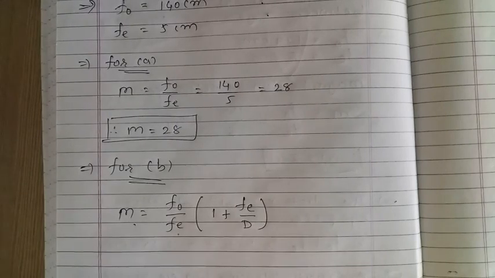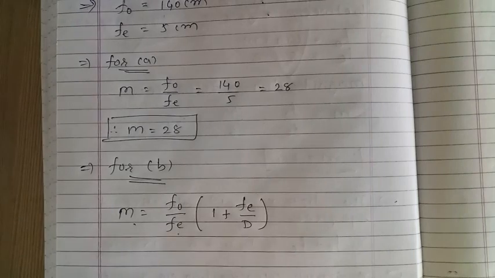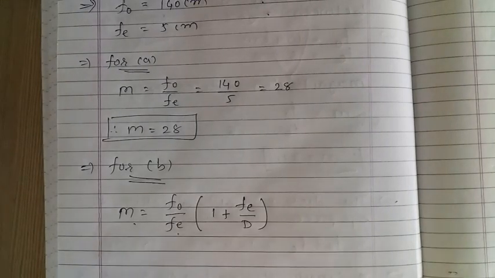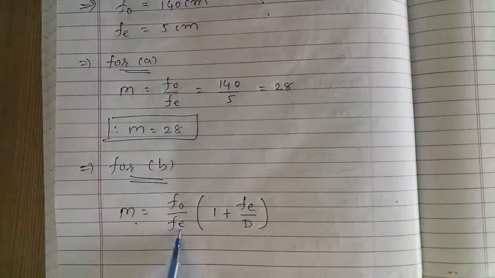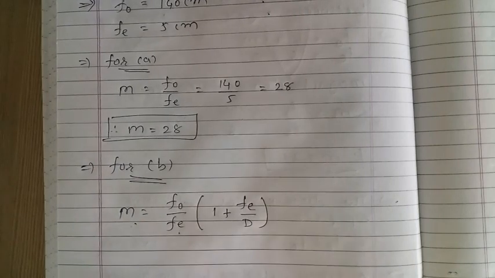Once again I repeat, if the final image is formed at the least distance of distinct vision, 25 centimeter, then the formula of magnification for the telescope is m equal to FO by FE into 1 plus FE by D.